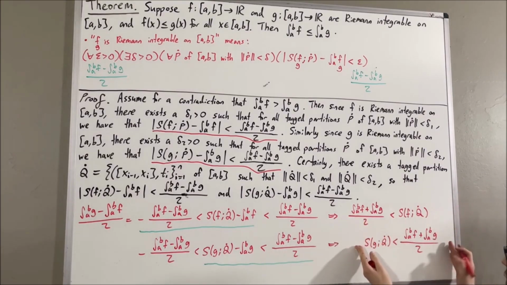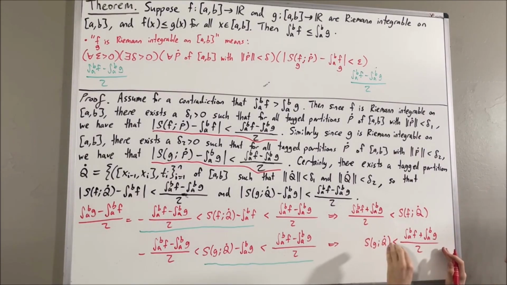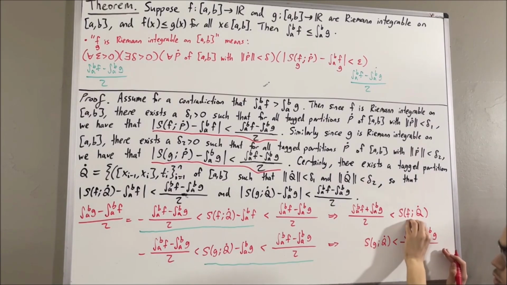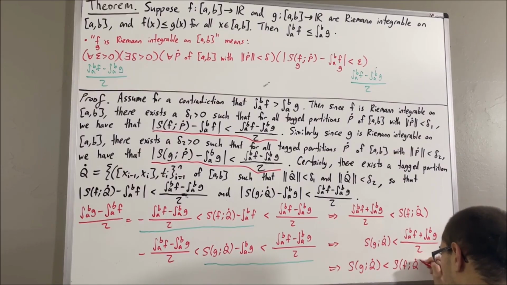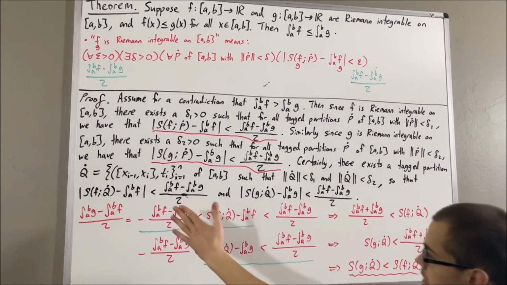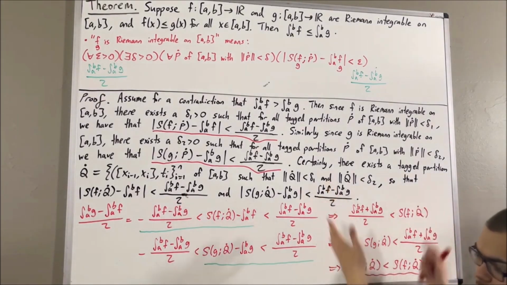So, putting these two inequalities together, this shows that the Riemann sum of g is less than the Riemann sum of f. And so now, let's condense this information into our proof.